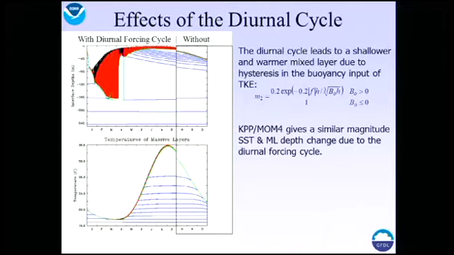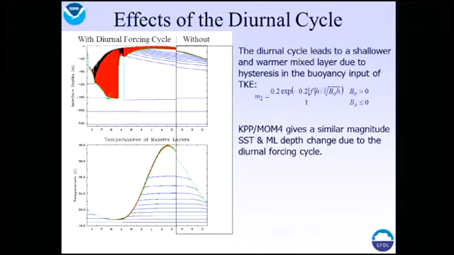The first one has a diurnal cycle of forcing. This bit on the right here is without the diurnal cycle of forcing. The diurnal cycle of forcing gives you a hysteresis. There's an imbalance between the energy when you're cooling and warming, such that the mixed layer is systematically shallower and warmer due to the diurnal cycle of forcing.